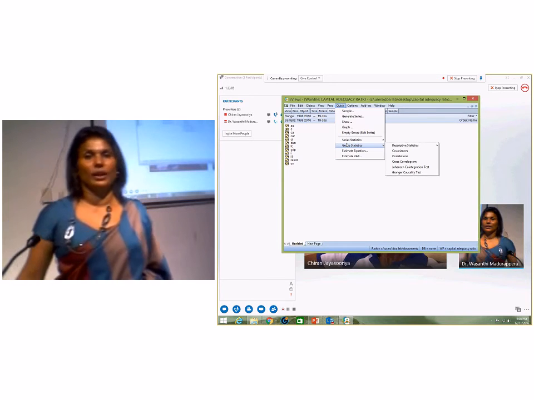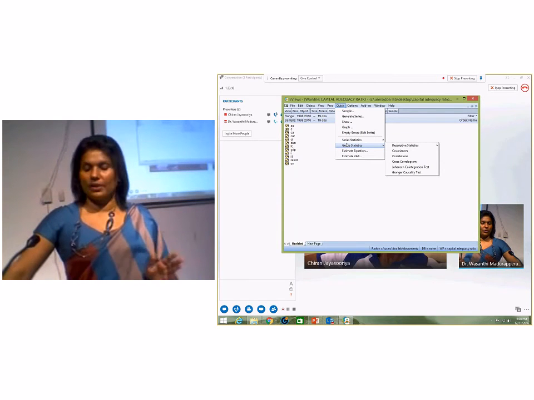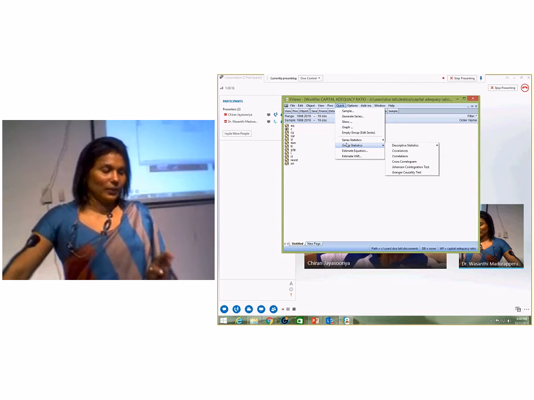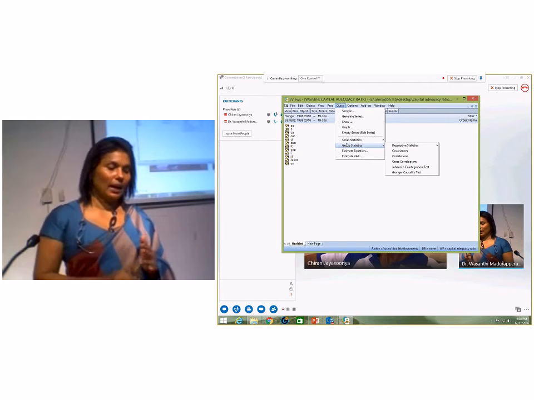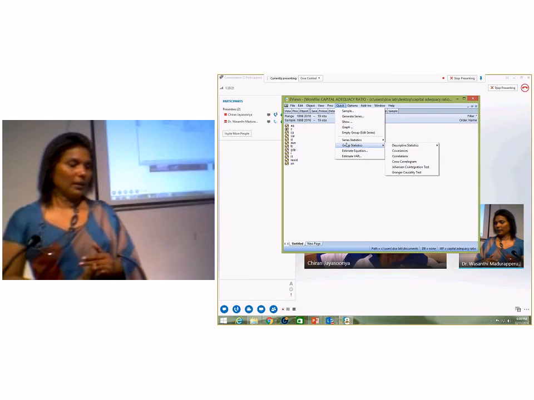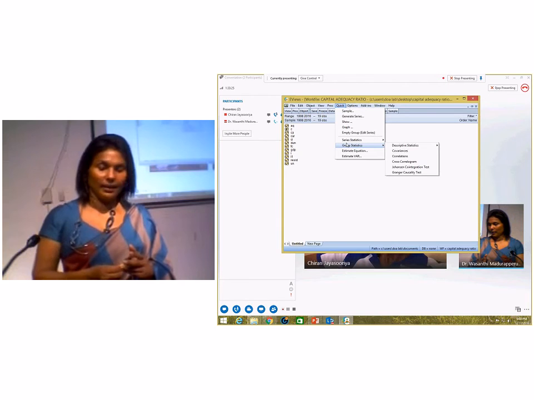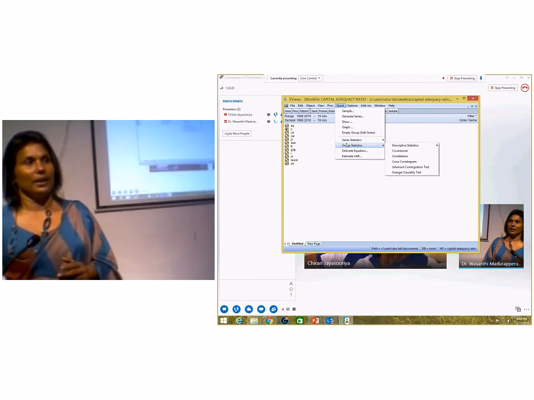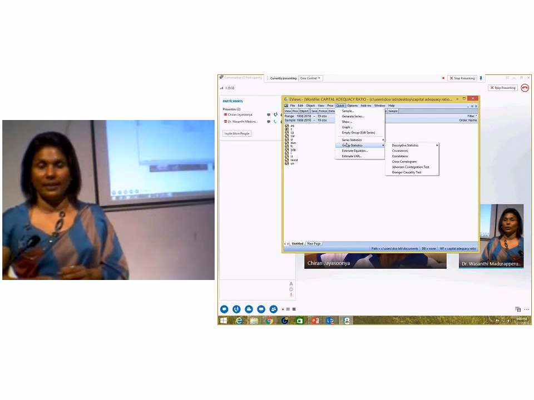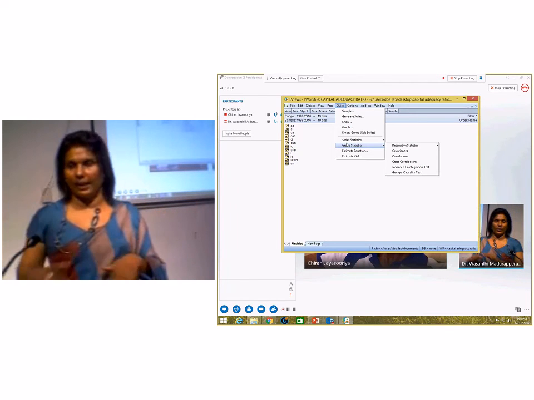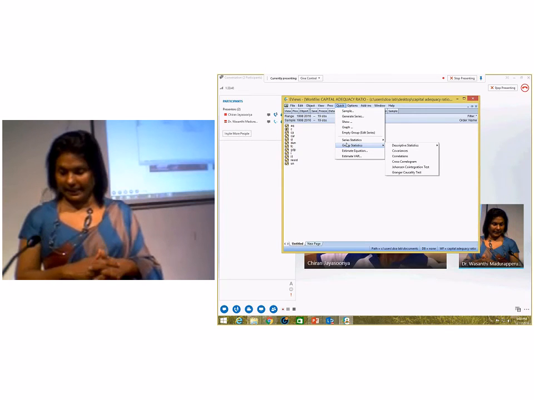Right, go to another variable. One by one, check the behavior of each variable, whether each variable has a unit root. First you need to go for the time series graph of each variable, and then look at the autocorrelation and partial autocorrelation of each variable, and then think about what order this process has, whether all are in levels, or whether all are first difference, or second difference, like that.